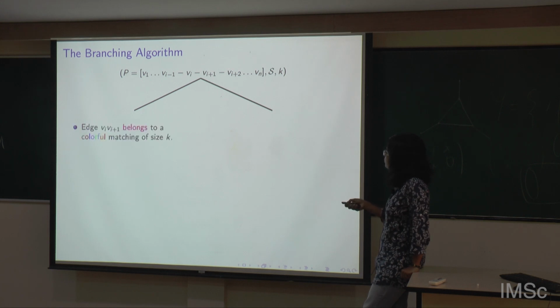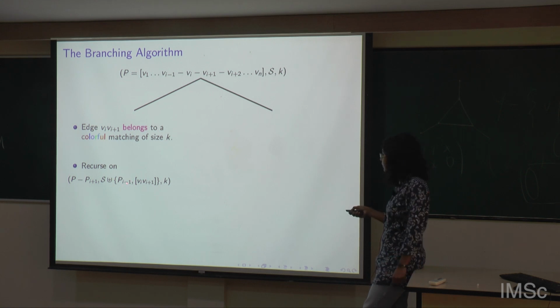In one branch we decide that this edge goes into the solution, and then we can modify S: I add the prefix path into S, and this edge into S as a path by itself, and I change the original path by removing the prefix till i plus 1.